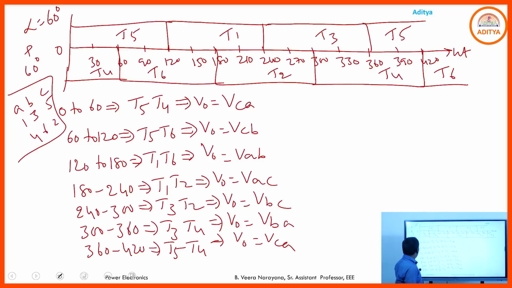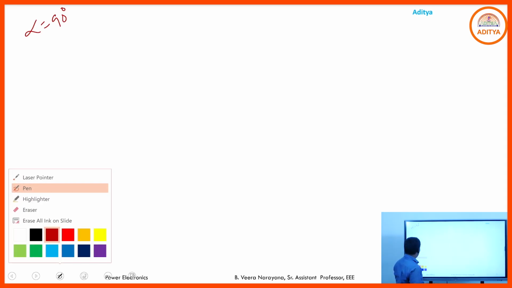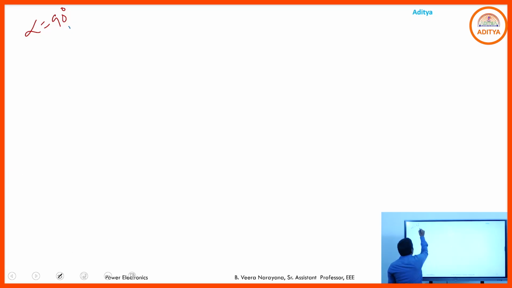And one more thing, last one, we draw the output voltage waveform for alpha equal to 90 degrees. Then just draw the timing diagram here also.